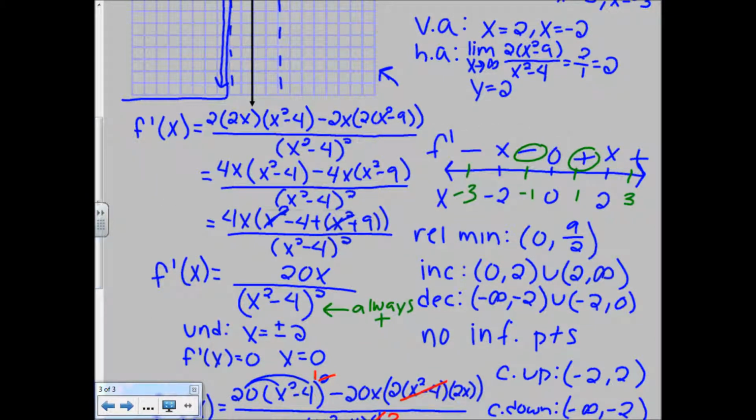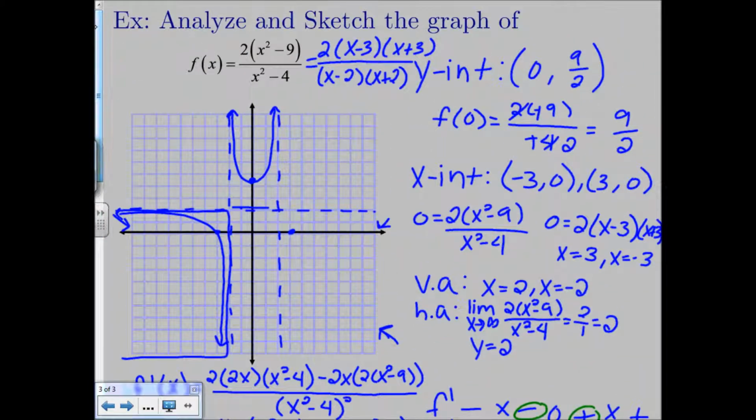This needs to go away. Okay, so if we're increasing, it means as we move to the right, our y values are getting larger, and we're concave down still. So our curve is going to look something like this. So there you go. That's your picture for 2 times x squared minus 9 over x squared minus 4. And if you check it on your graphing calculator, you'll see something very similar.